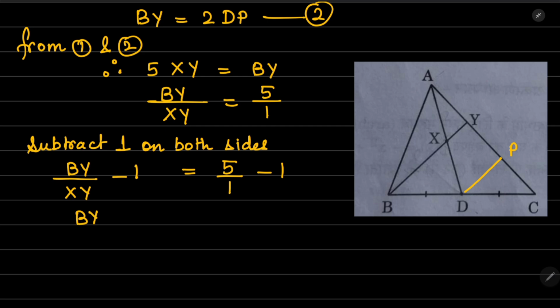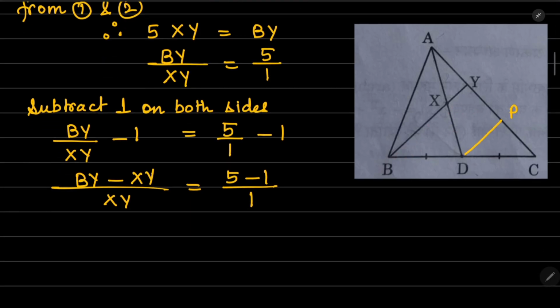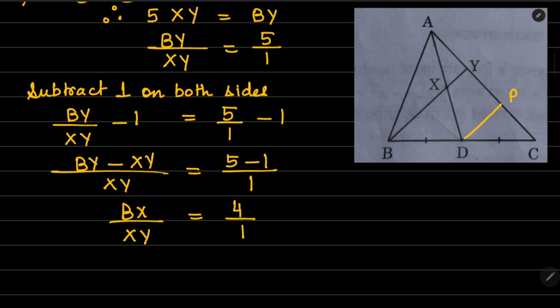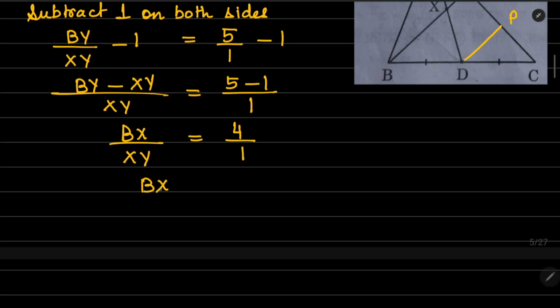So here you'll have BY minus XY, whole divided by XY, equal to 5 minus 1 by 1. What is your BY minus XY? You will have your BX. This is BX by XY, the two exact segments that we want, is equal to 4 by 1. So cross multiply, you get BX is equal to 4 times XY. Hence proved.